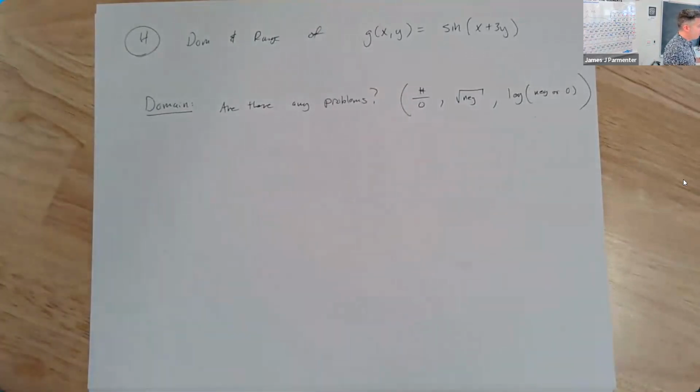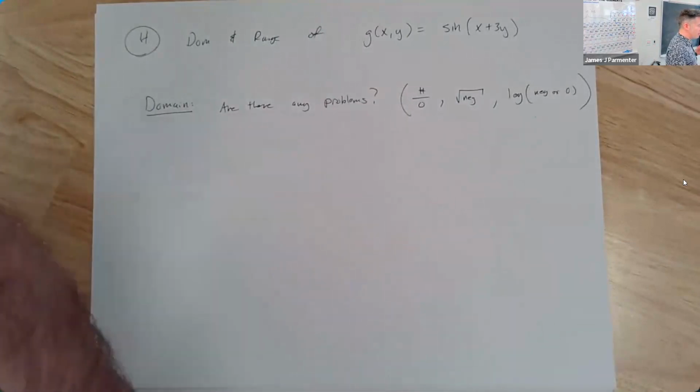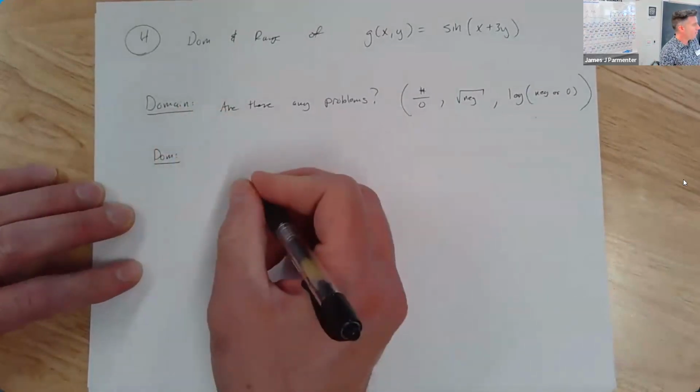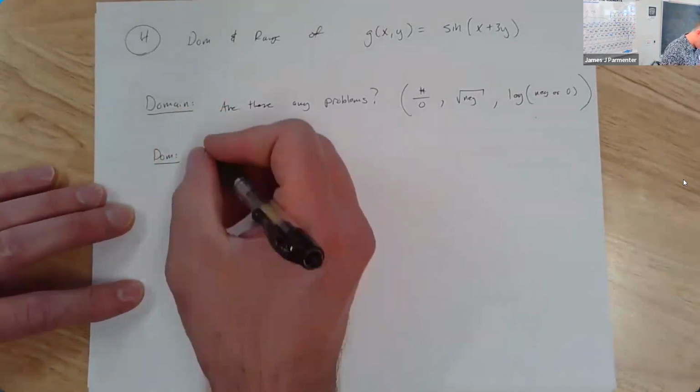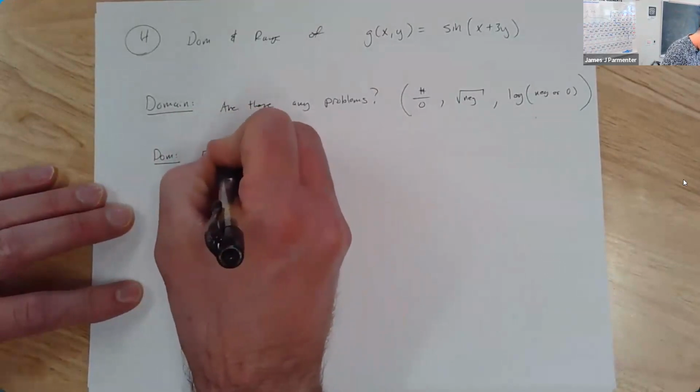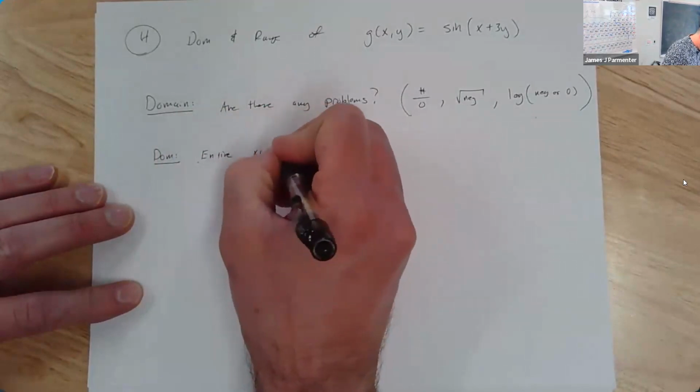Now, be careful. We don't get to say the domain is all real numbers, because our inputs aren't real numbers. Our inputs are coordinate pairs. So you could say the domain is the entire XY plane.